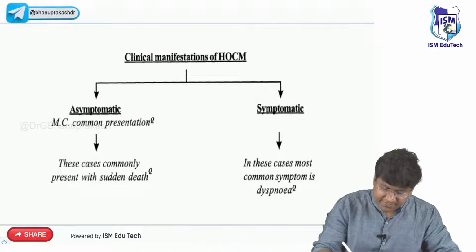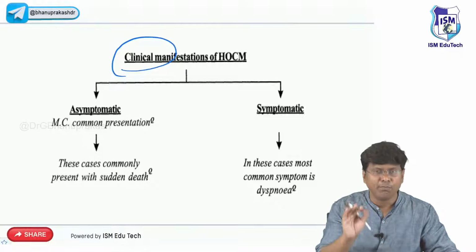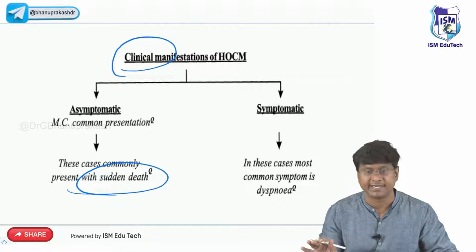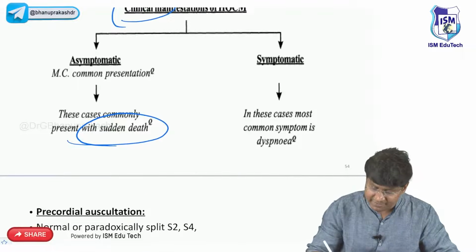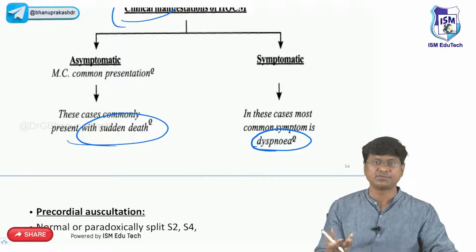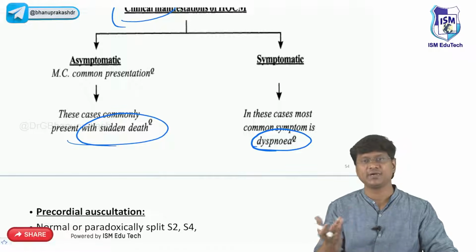And if you take the clinical presentation in these patients, most of them are asymptomatic and they directly present with sudden cardiac death. And if at all they are symptomatic, the most common symptom will be dyspnea. That is because of diastolic dysfunction causing pulmonary edema, causing dyspnea.